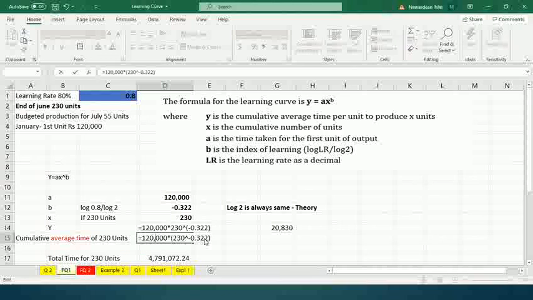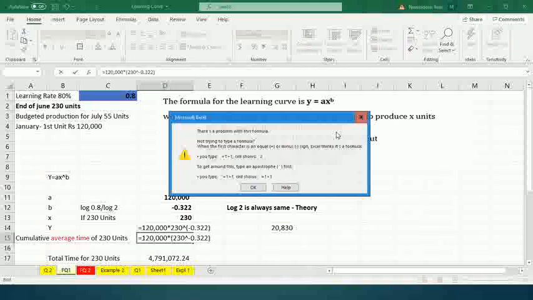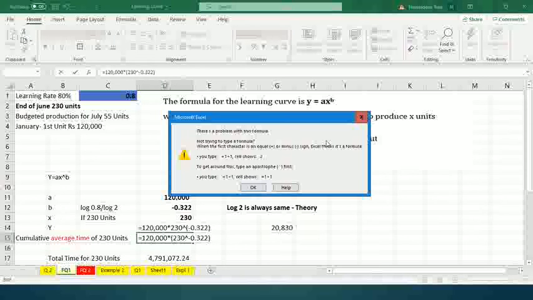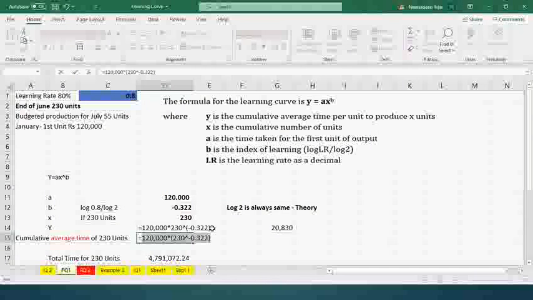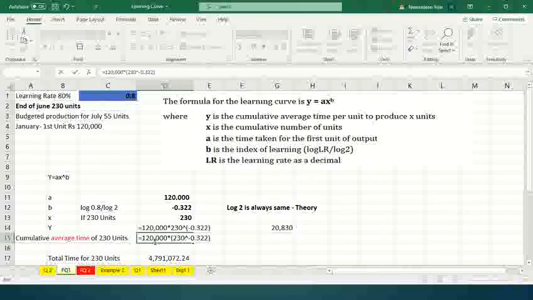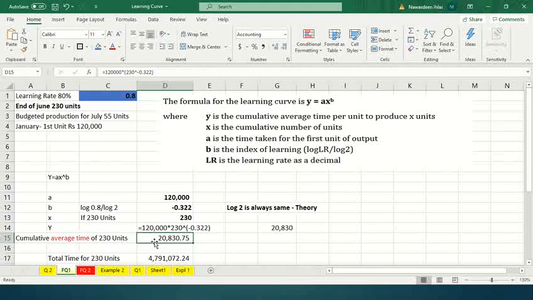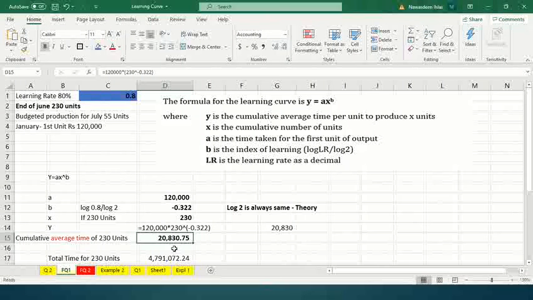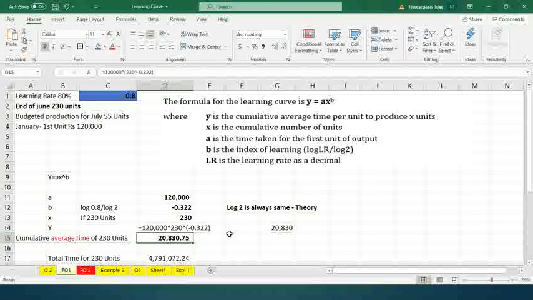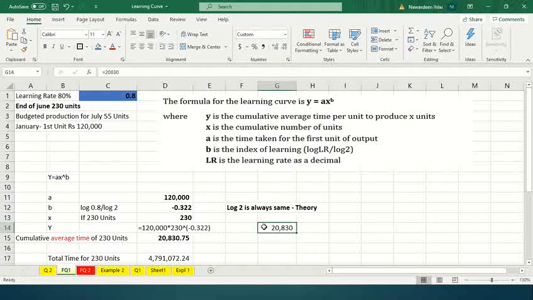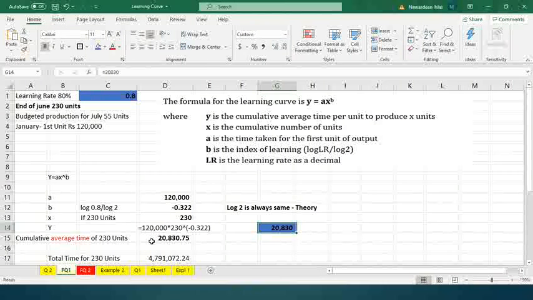So you can find approximately 20,830. So let's say 20,830. This is your y.